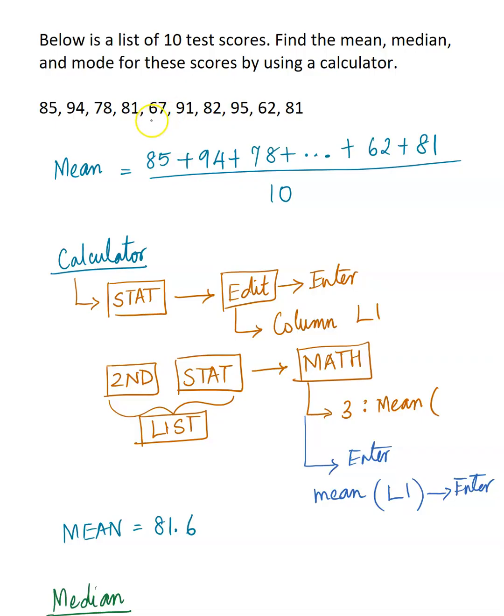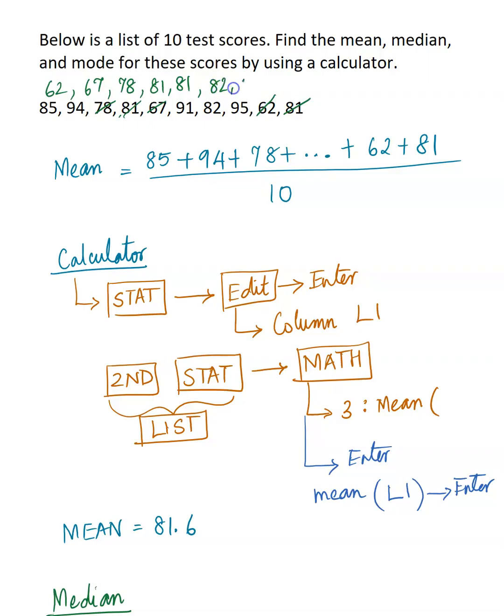Okay? So the smallest number is 62, 67, 78, and then we have two 81s, 81 and 81.